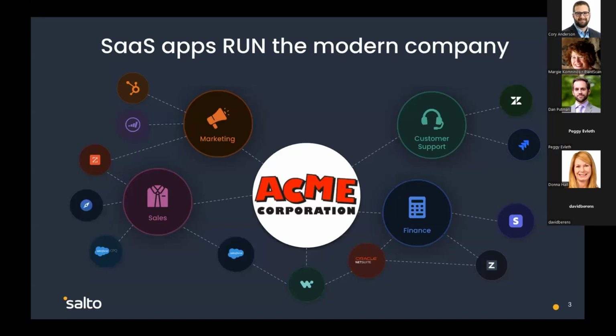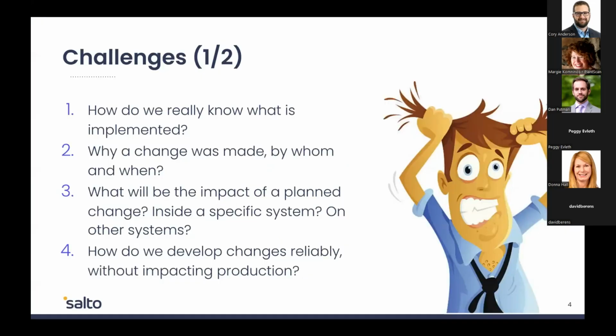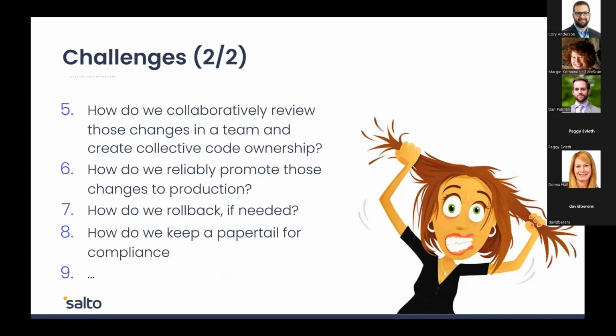That comes along with a lot of challenges, like getting the visibility to know what's implemented, who's changed things, how do I make sure that as I'm updating the system, I don't break production, or at least understand how I'm going to impact production. How can I work with my team? If I break something, how do I get back?